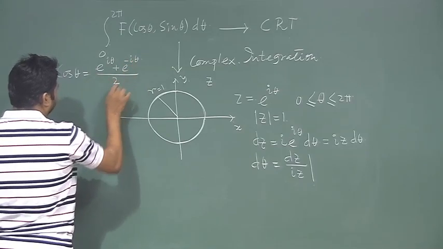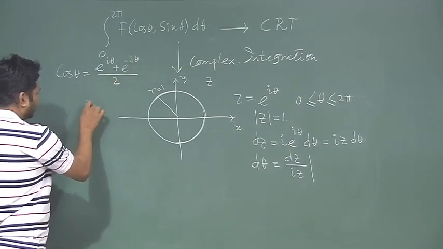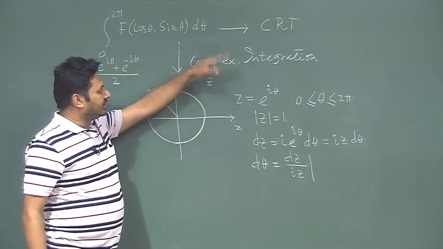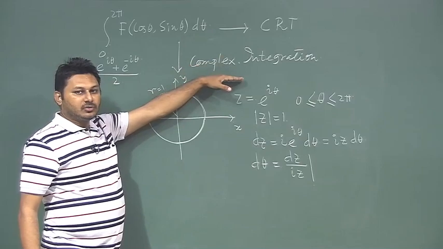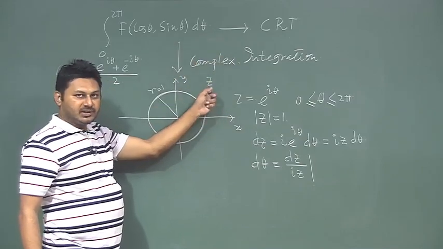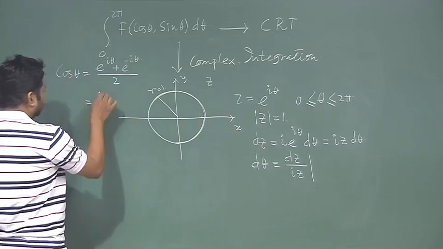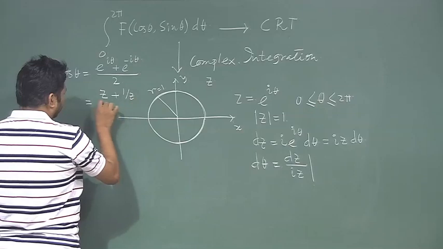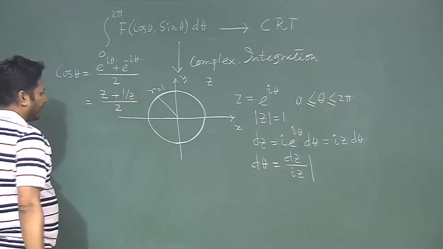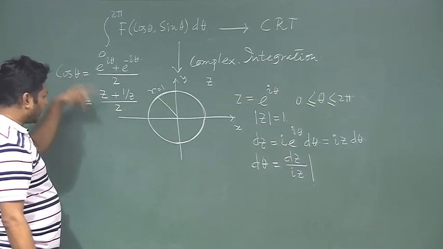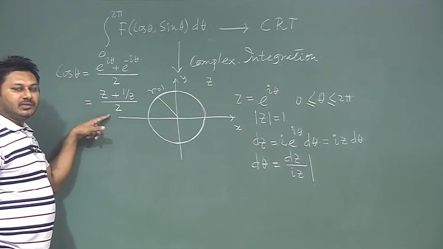So, in terms of z, because I am changing everything in terms of z, I need to change this integration to complex integration. So, my variable should not be theta, rather my variable will change to z. So, now here it is z plus 1 by z divided by 2. This is cos theta. So, whenever I have cos theta, I can replace it in terms of z.